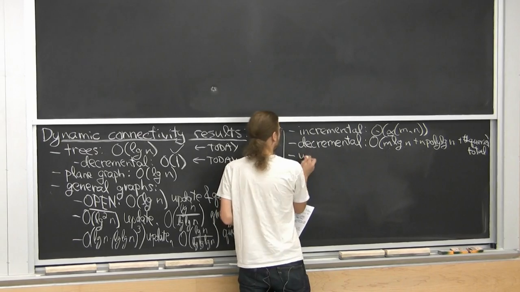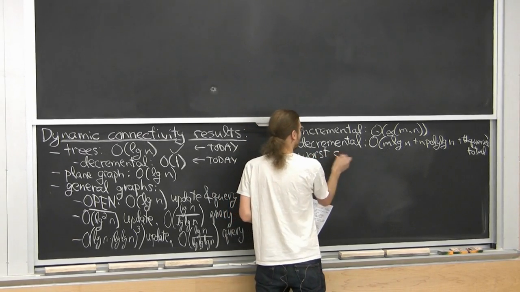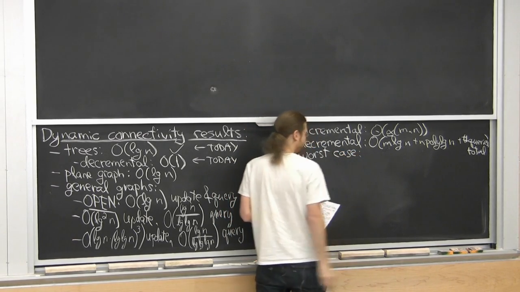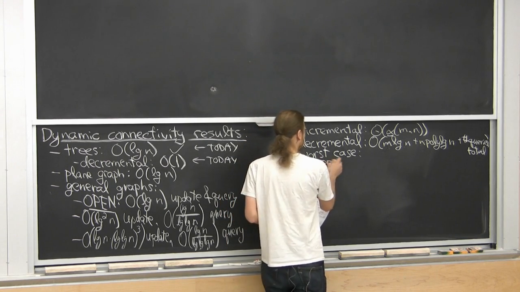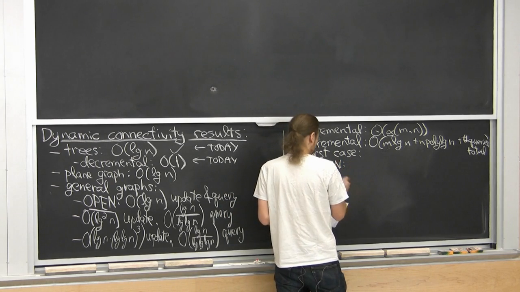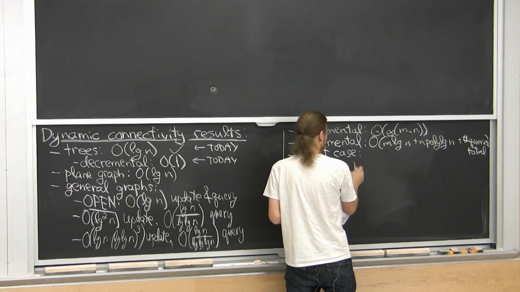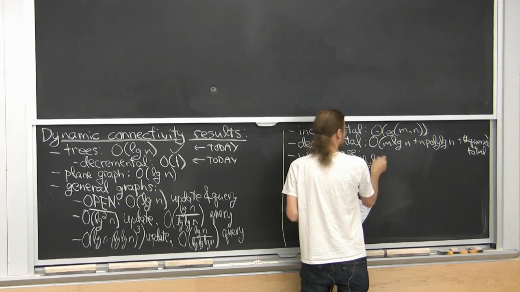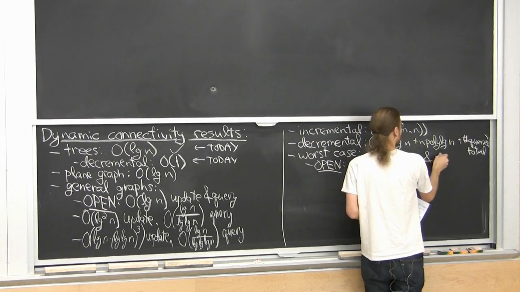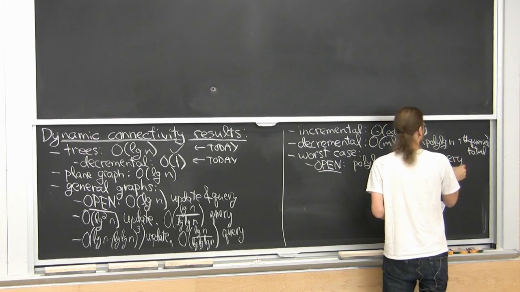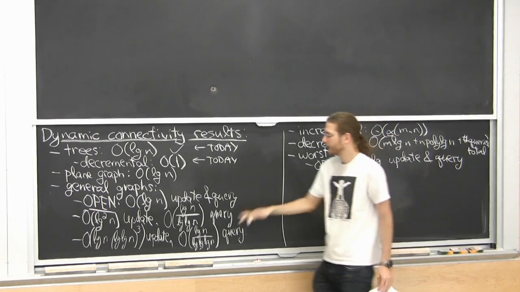Okay, another goal you might have is, what if I wanted to get worst case bounds? Everything I've said so far is amortized. If you want to get worst case, not much is known. The big open question is, can I get polylog update and query? It's actually a pretty big breakthrough to get polylog whatsoever.